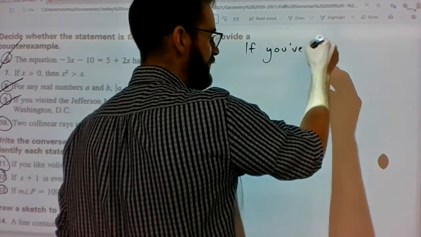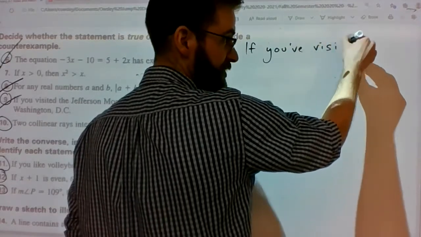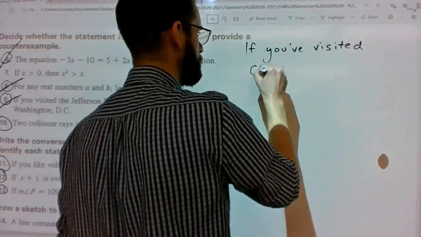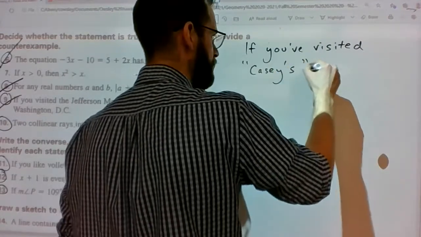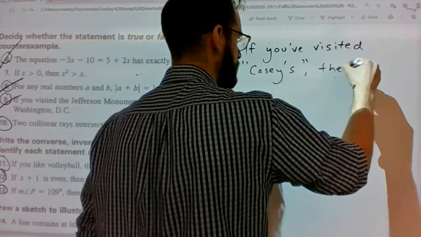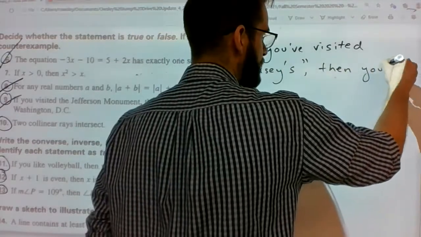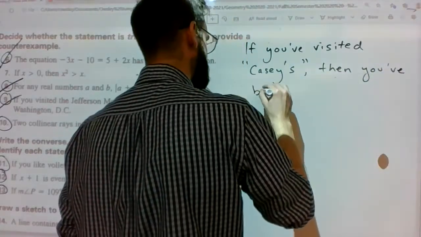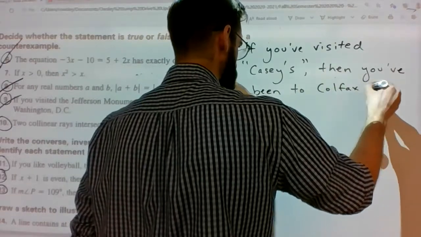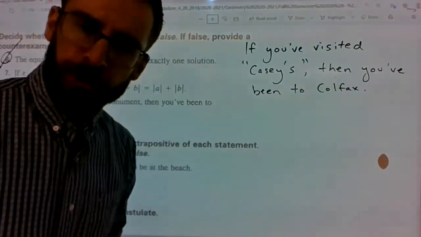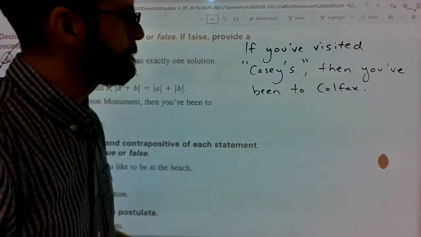If you visited Casey's, and we're talking about Casey's General Store, then you've been to Colfax. Is this a true statement or is it a false statement?